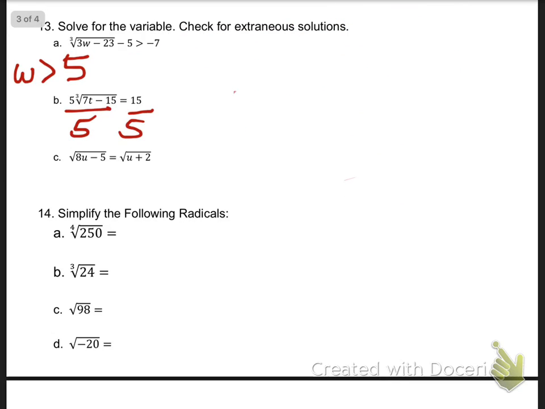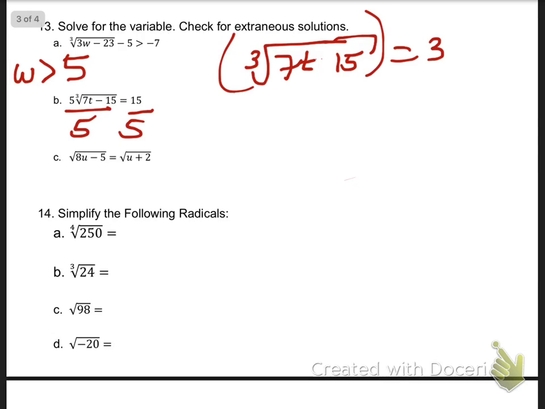Okay, so now I'm doing B. See, I divided both sides by 5, so I get 7t minus 15 is equal to 3. Now that the root is all by itself, I'm going to undo it by cubing, because cube roots and cubes are inverses. So I get 7t minus 15 is 3 cubed, which is 27.